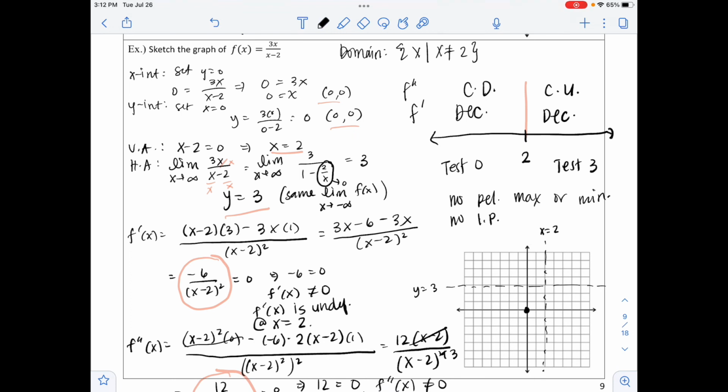And so for our graph, looking at those, the first interval that we have is going to be decreasing and concave down. And our second interval is going to be decreasing also, but concave up. And so again, asymptotes are going to be what the graph gets really close to but never touches. So drawing those.